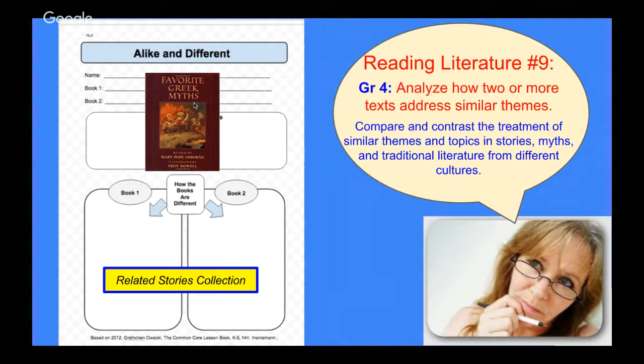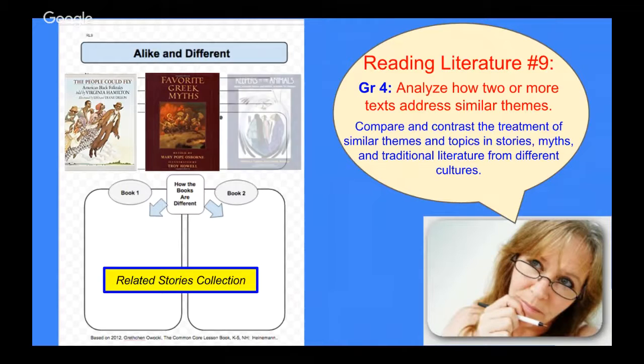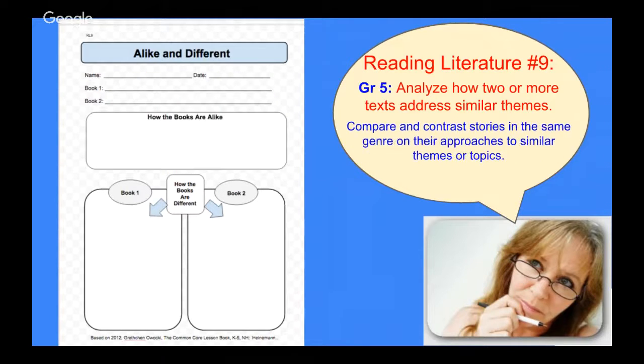So you would compare stories, compare and contrast the treatment of themes and topics across myths. This one is looking at the American Black folk tales, People Could Fly. And lastly, The Keeper of the Animals is from the perspective of Native Americans. But again, you just kind of change what you're working with.